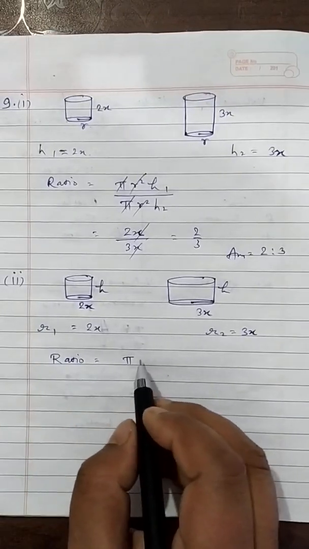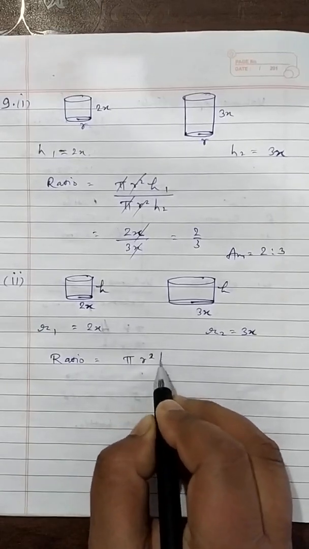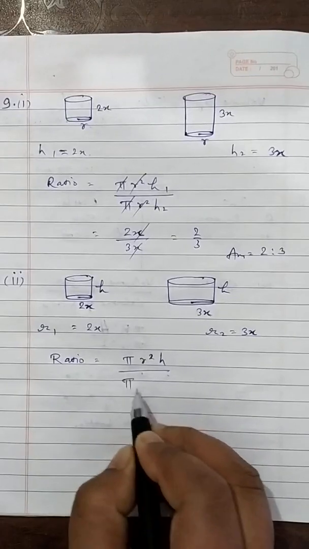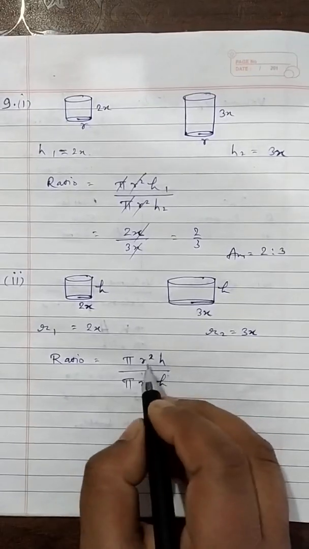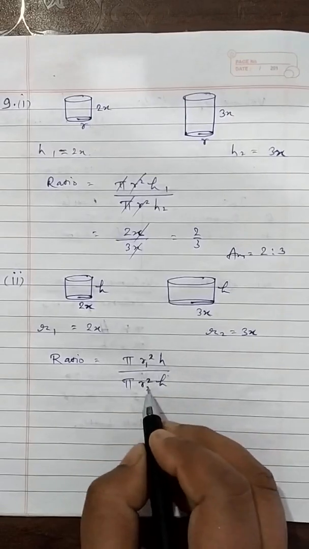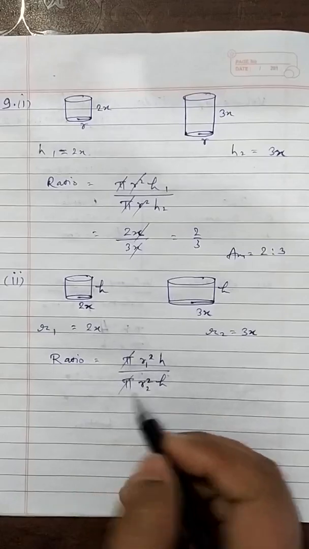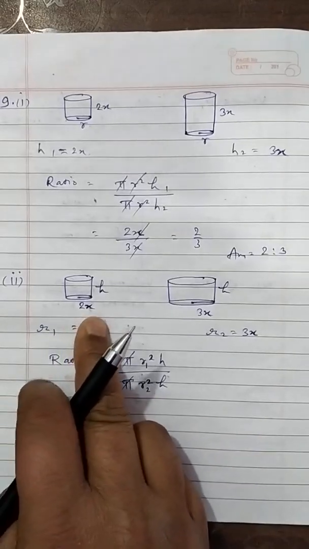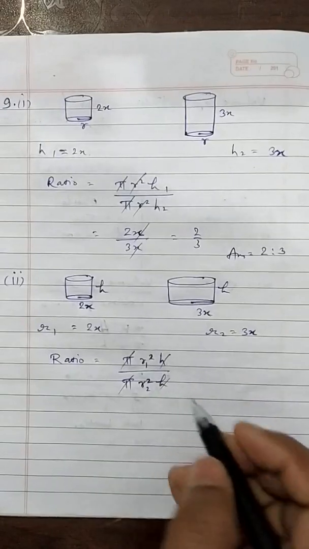The formula is same, pi r square h, and again pi r square h. This is R1, this is R2, means radius 1, radius 2. The value of pi is same always. In this case, the height is also same, so we'll cancel the h1, h2.